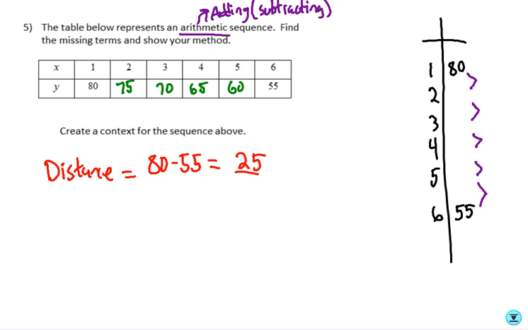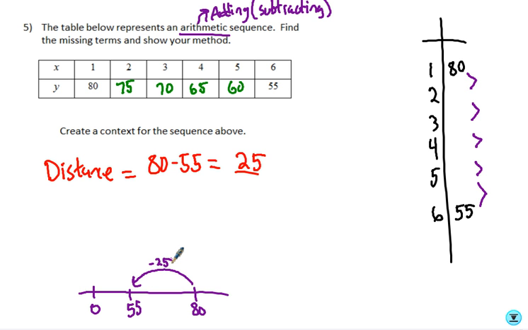Like if you thought about it on a number line, if you were at 80 and then you ended up at 55, not quite to scale here, how far of a jump was it? Well, that's a jump of 25.